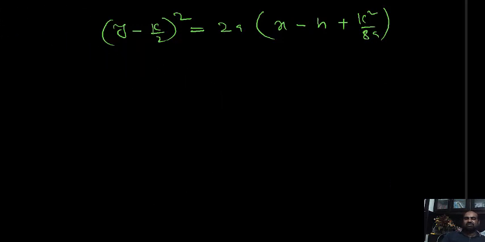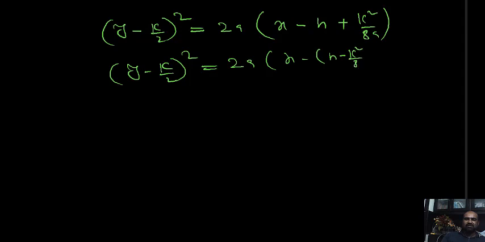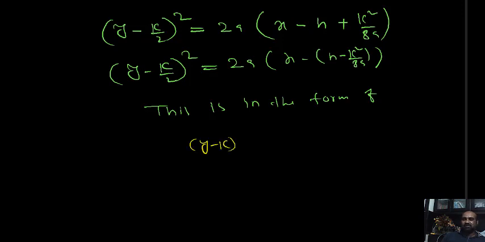Finally, this is a parabola: y minus k by 2 whole squared equal to 2a into (x minus h by 2 minus k squared by 8a). This is in the form y minus k squared equal to 4 capital A into x minus h, with capital A equal to a by 2.